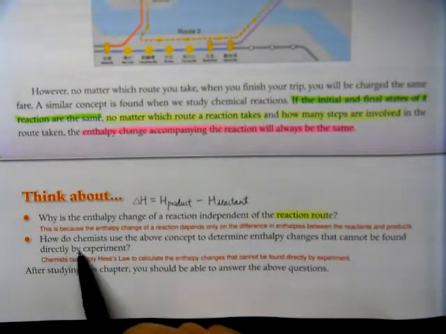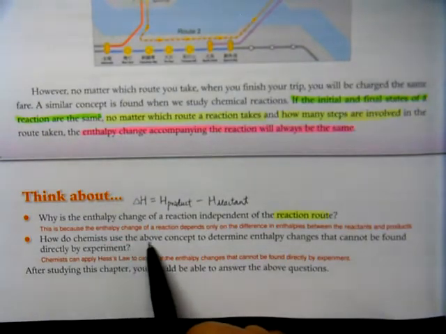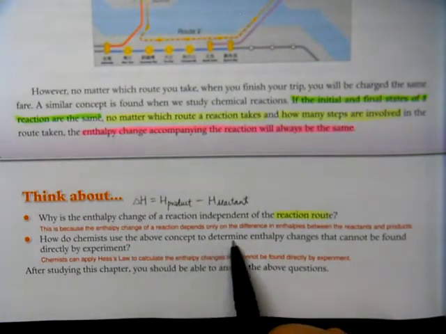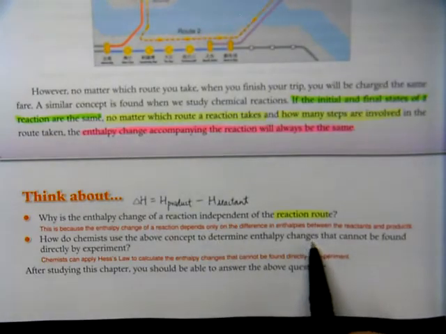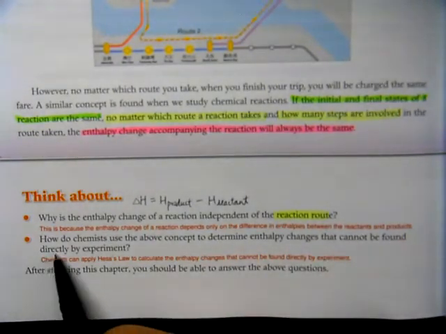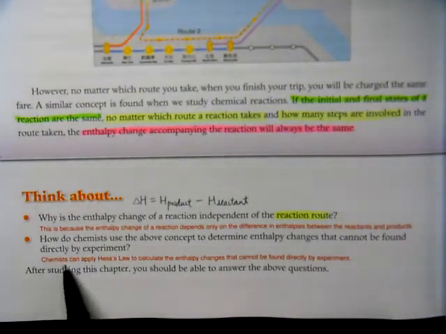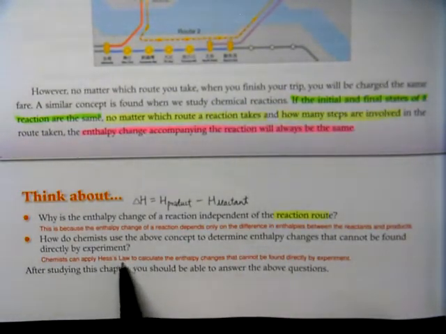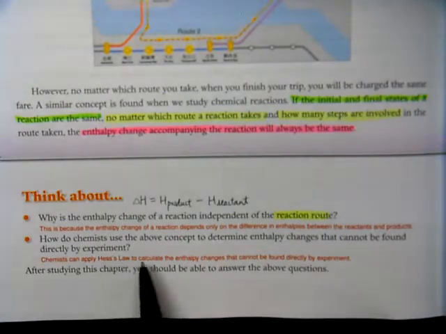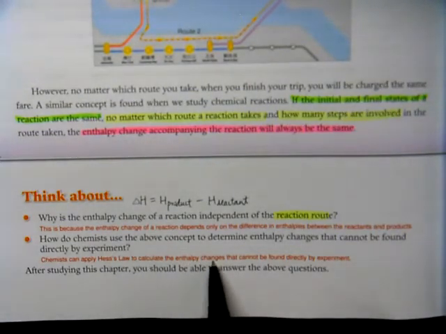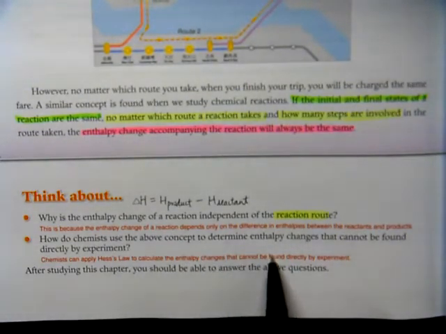Next, how do chemists use the above concept to determine enthalpy changes that cannot be found directly by experiment? Chemists can apply Hess's law. I'm going to talk about Hess's law to calculate the enthalpy changes that cannot be found directly by experiment.